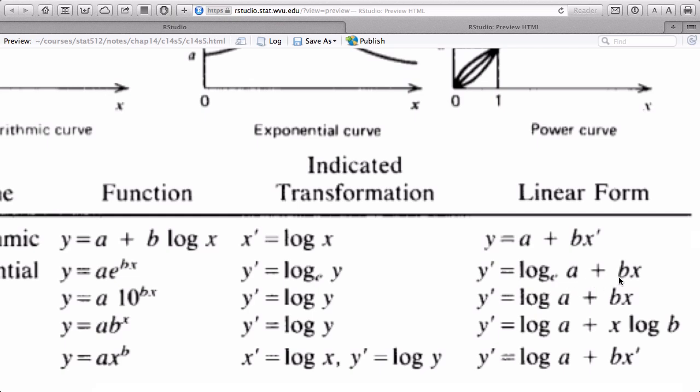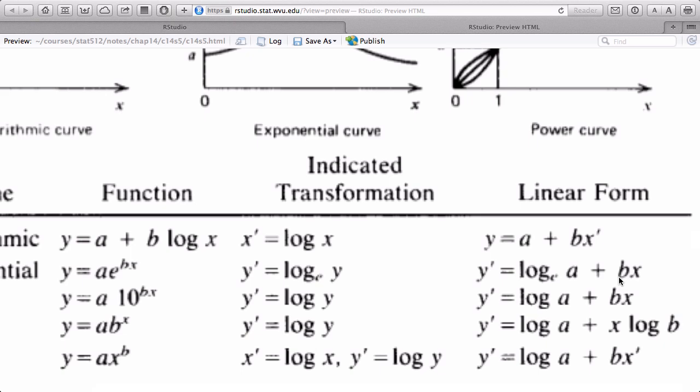If you know the logarithmic rules, then if I transform the y, it linearizes it. In the first case, I had to transform the x, not the y. In this case, I'm transforming y. So if you have a logarithmic function, you can usually correct it by transforming x, whereas if you have an exponential function, you can usually correct it by transforming the y.